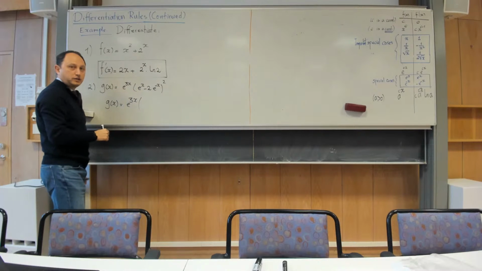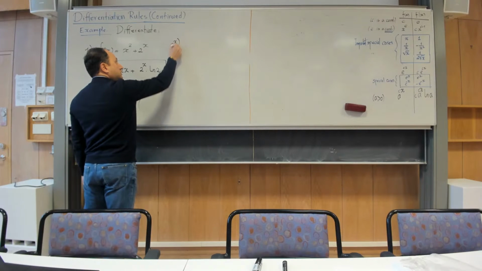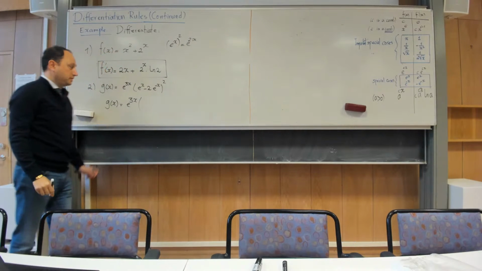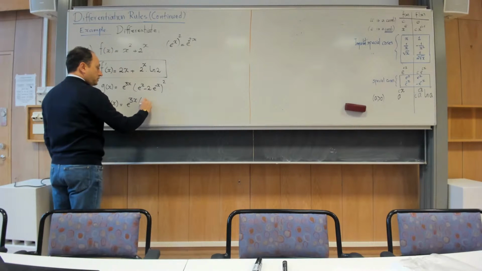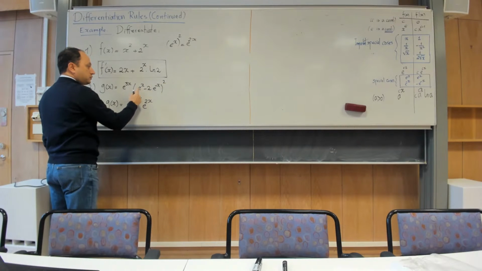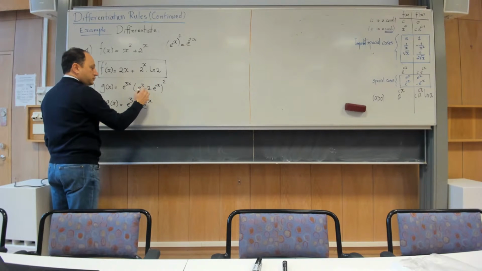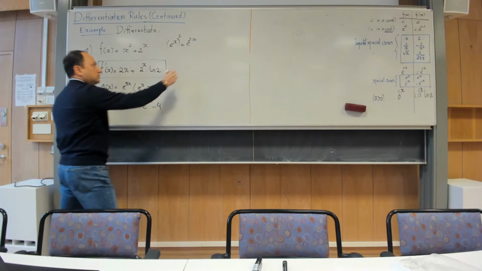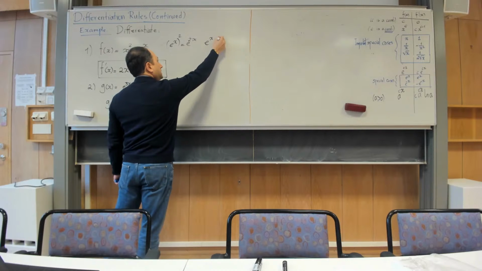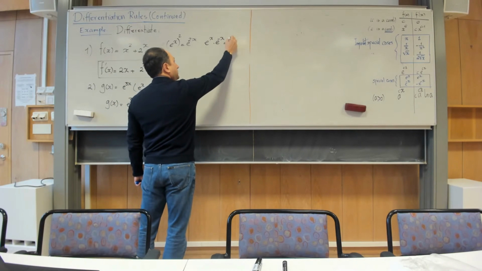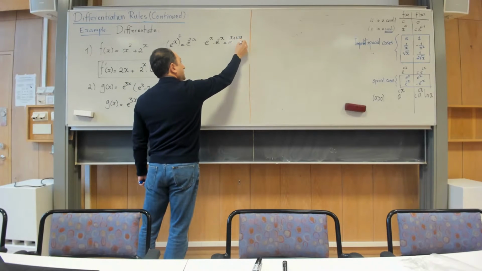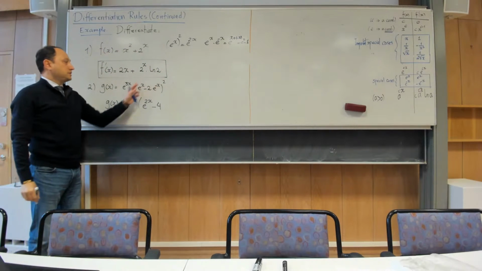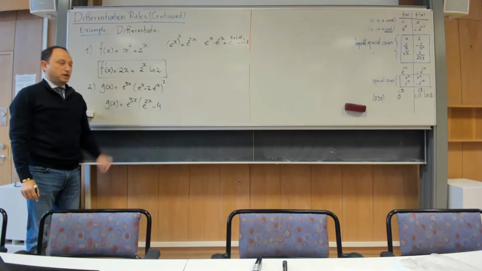The first one to the power of 2, (e to the power x) squared, becomes e to the power 2x. Then 2 times the first one times the second one gives me minus 4, because e to the power x multiplied by e to the power minus x becomes e to the power 0, which is 1.